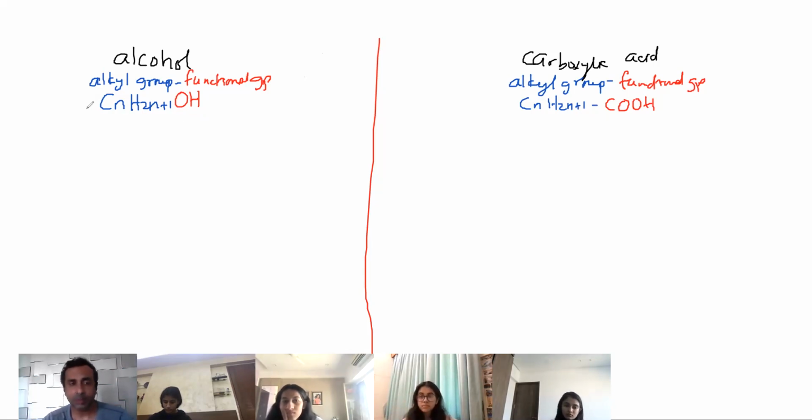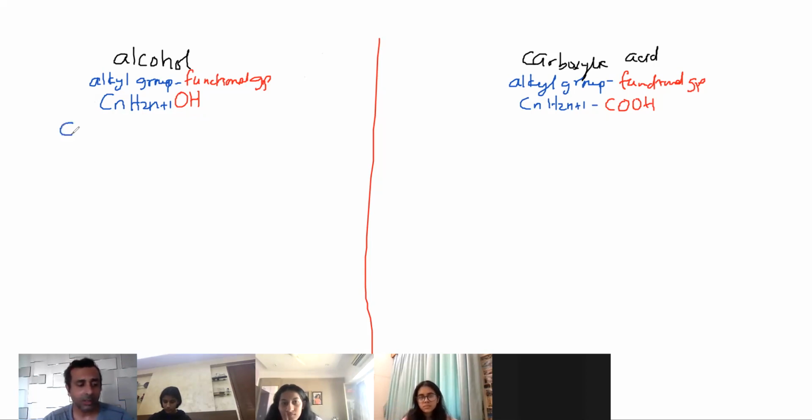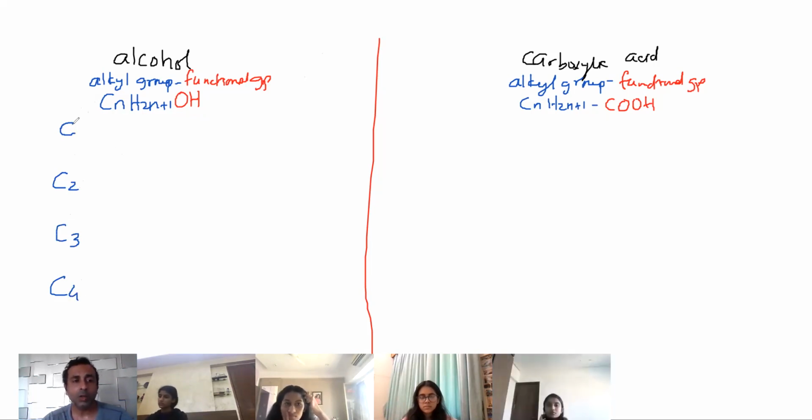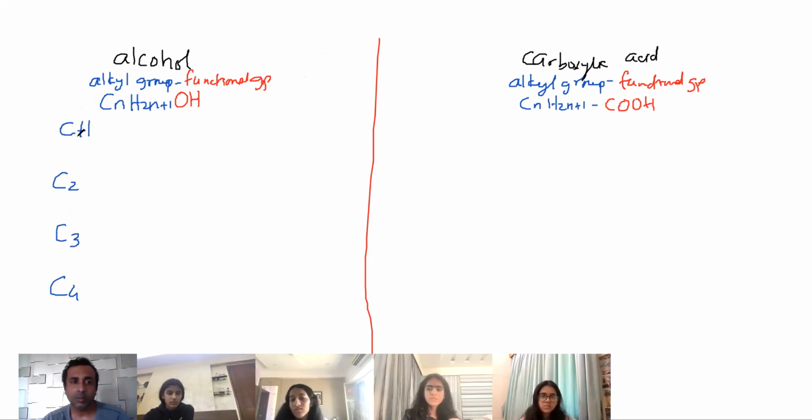Now, some of the alcohols we'll take. Alcohol with 1 carbon, 2 carbons, 3 carbons, and 4 carbons. So for alcohol with 1 carbon, how many hydrogens should it have according to this formula? 3, because carbon is 1, so hydrogen will be double of 1, which is 2, plus 1.